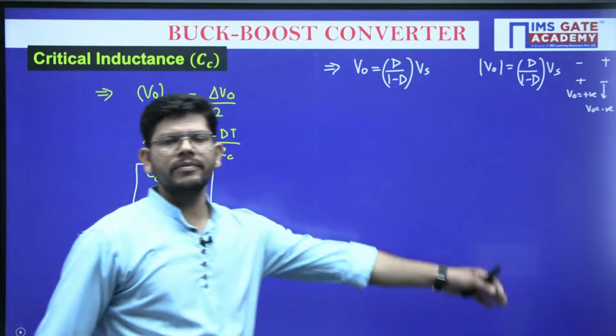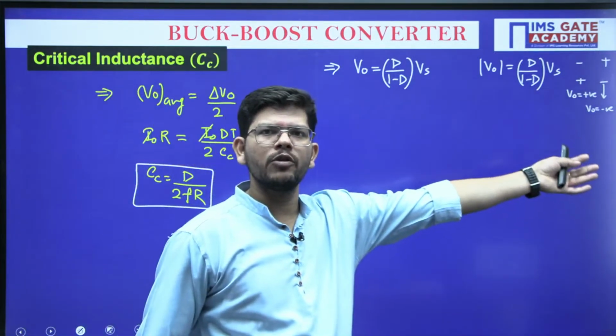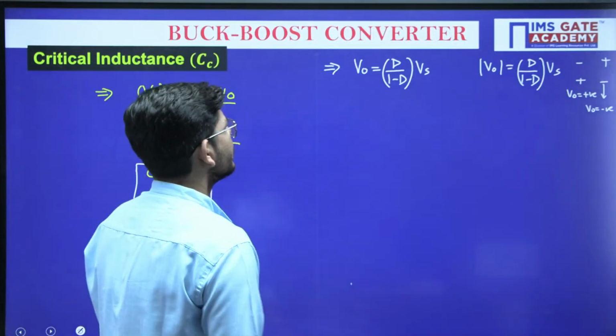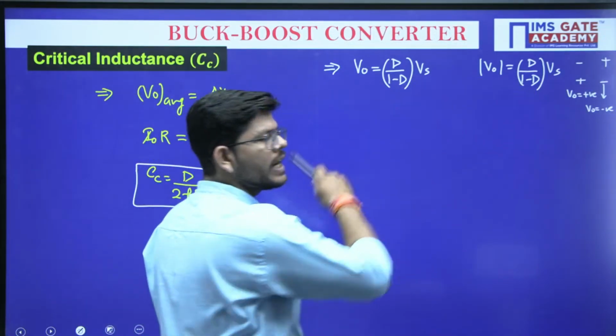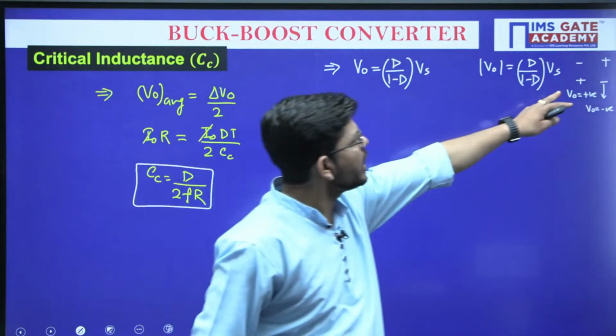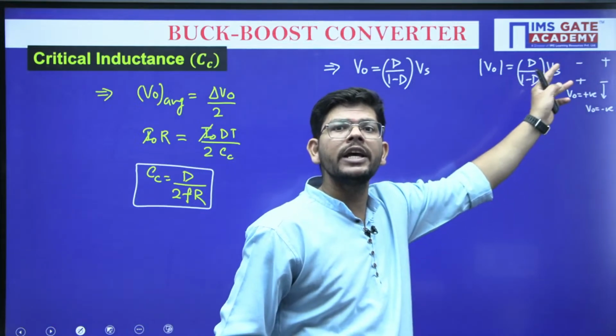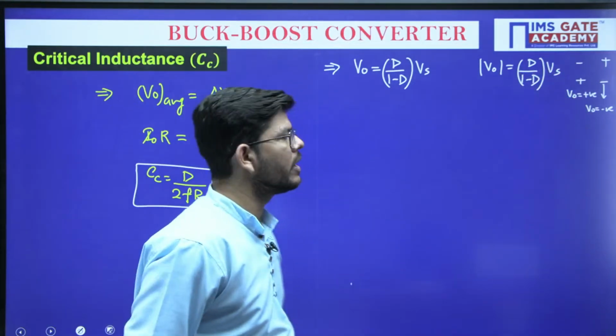We are free to choose any polarity at the output voltage, so it is better to write modulus here. The overall formula will be the same, but depending upon the polarity you will choose a sign. If you have this polarity, you choose a positive sign; if you have the other polarity, you put a negative sign before this formula.